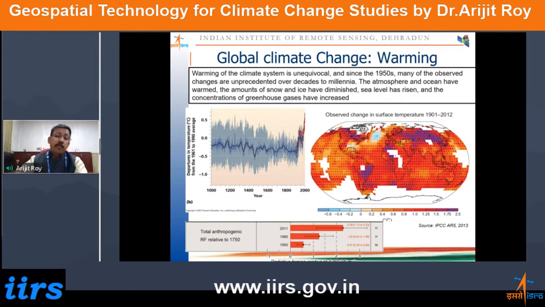And why this is increasing is because of the total anthropogenic radiative forcing relative to the 1750 baseline of the pre-industrial era. So if we see the total anthropogenic radiative forcing in the 1950s, it was around 0.5 watts per meter square increase, which increased to more than 1, that is around 1.25, by 1980.